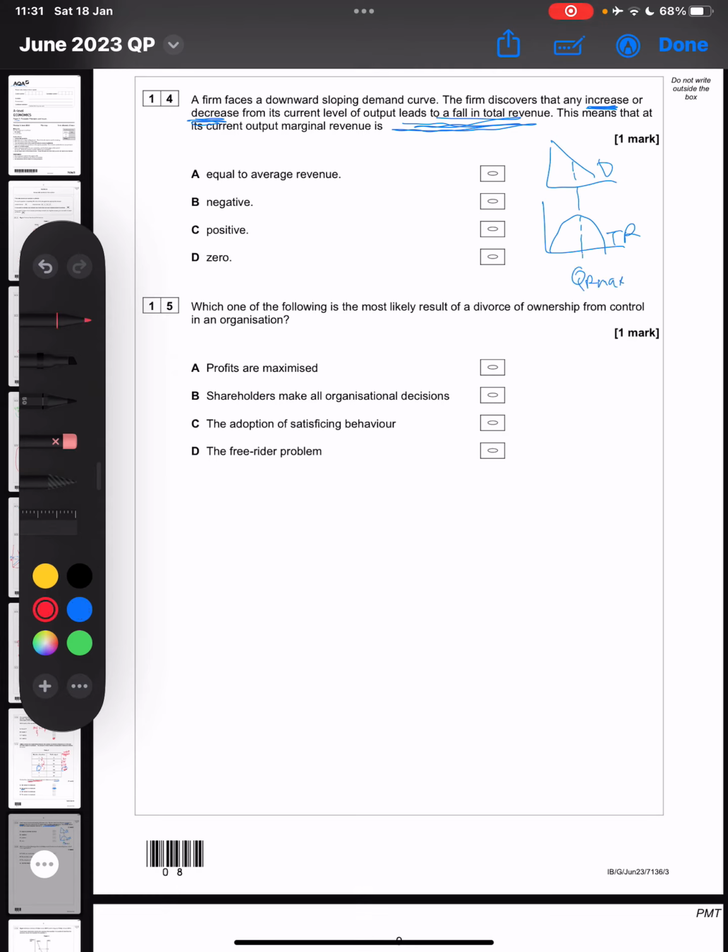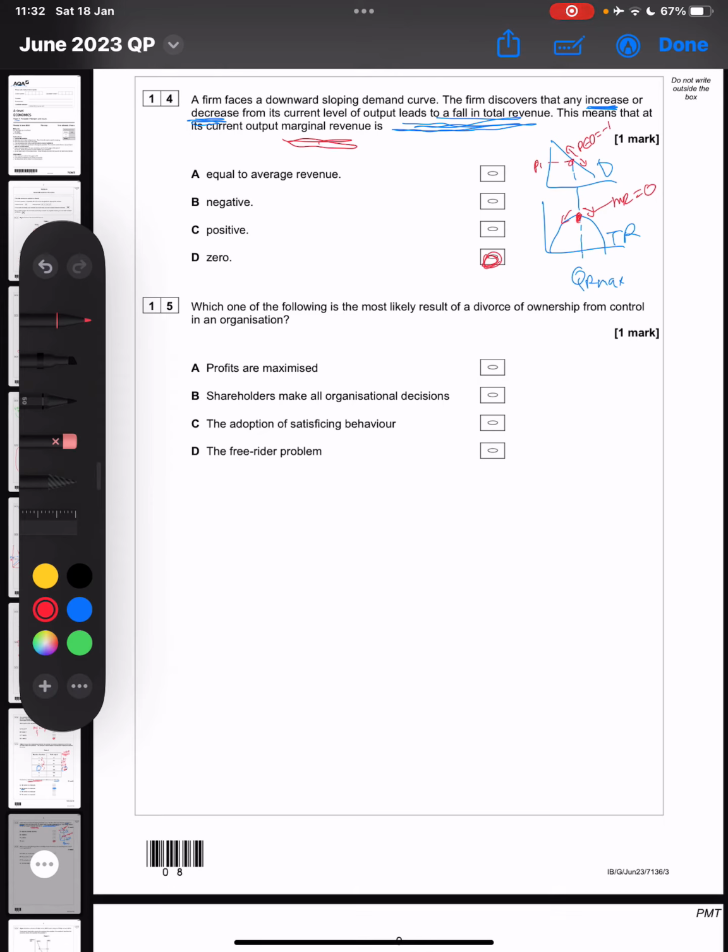So I reckon the only place that you could have revenue falling on both sides, so if you increase price or if you decrease price from P1, is that peak. That peak happens right there, and there are various ways to identify that. Either the PED is -1 or MR is 0. So I'm looking for something like that. Oh yeah, they're asking about marginal revenue, which would be 0.